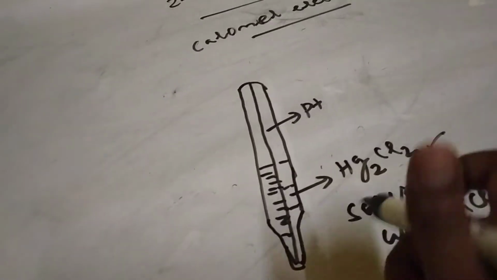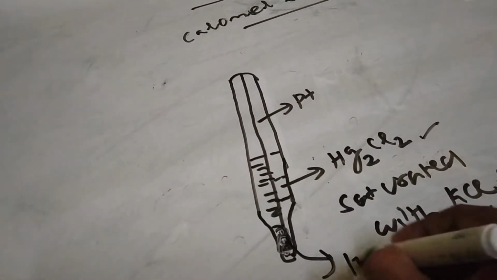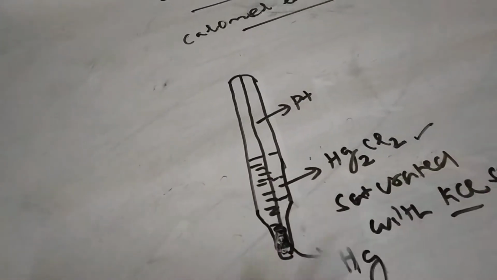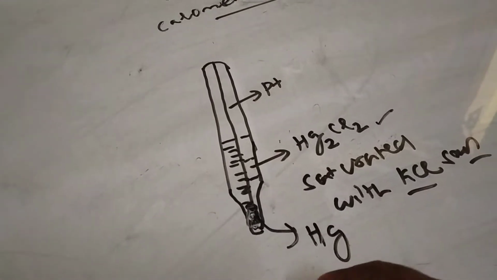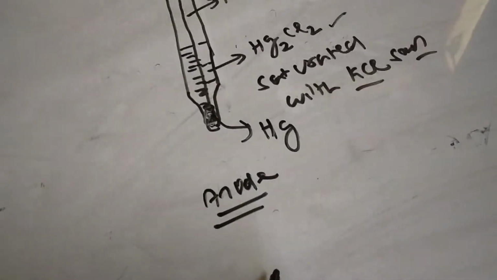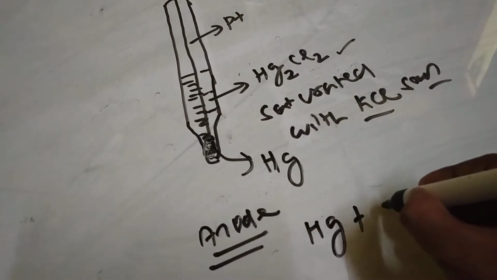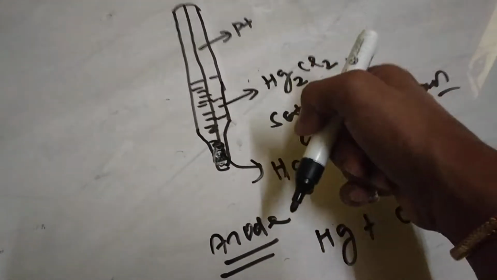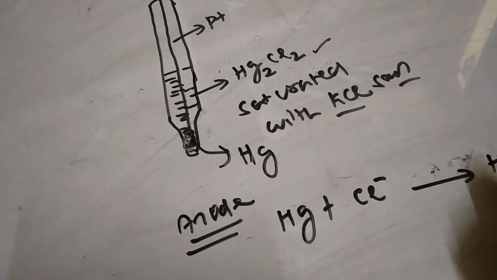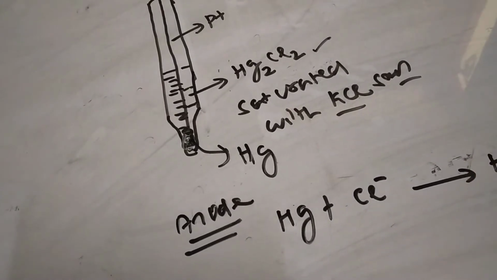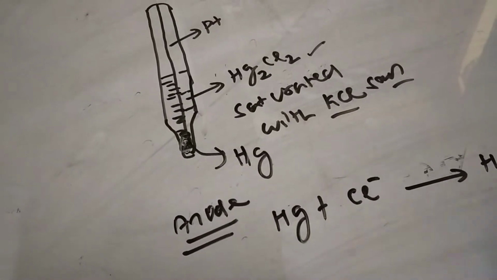So here it consists of mercury. We are taking the mercurous chloride. Now what will happen if you take it as anode? Then this mercury reacts with Cl minus ion obtained from the Hg2Cl2 and will be converted to Hg2Cl2 with release of electrons.